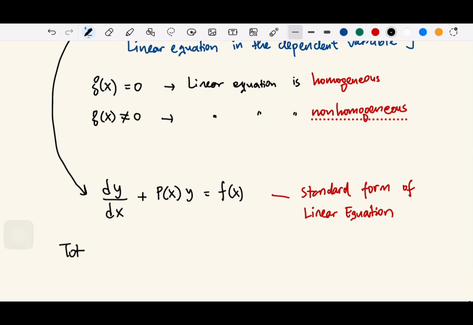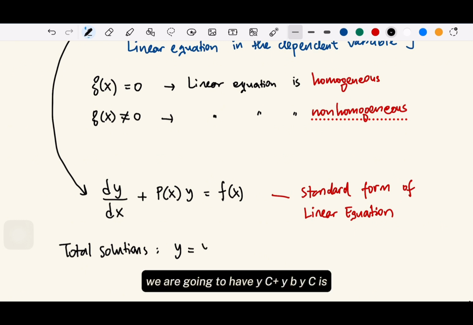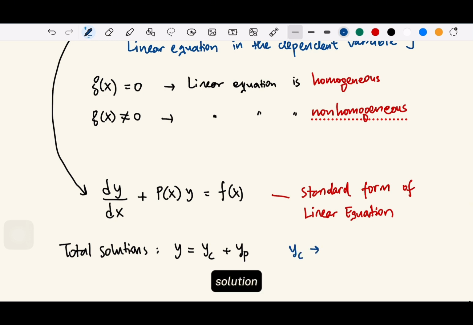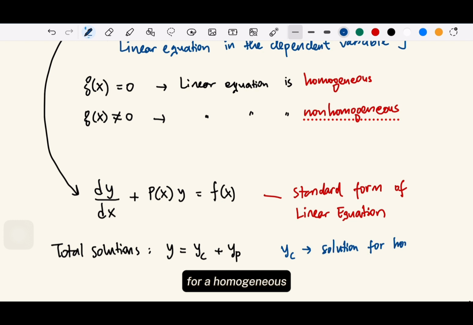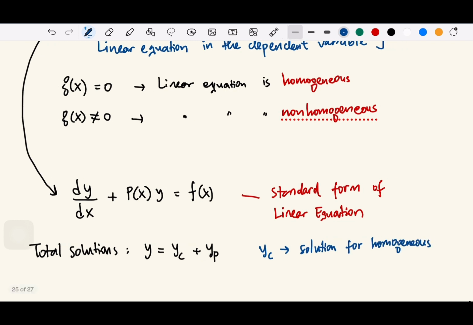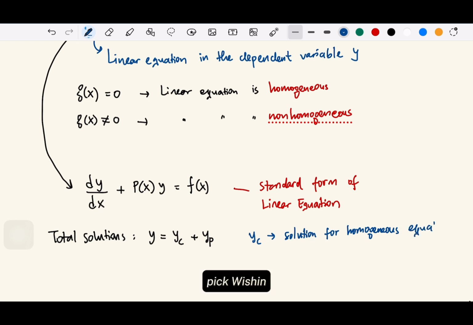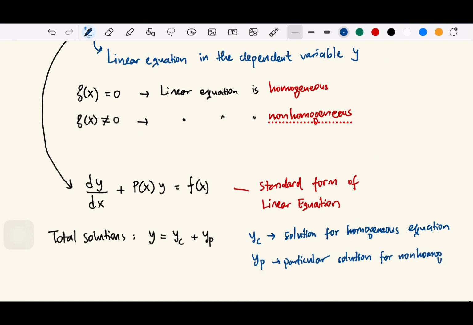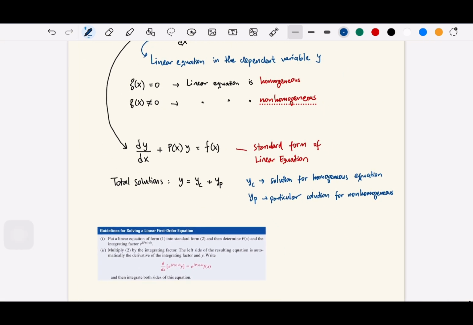So the total solution, we call y equal yc plus yp. yc is the solution for the homogeneous equation, and yp is a particular solution for the non-homogeneous. Should be later.